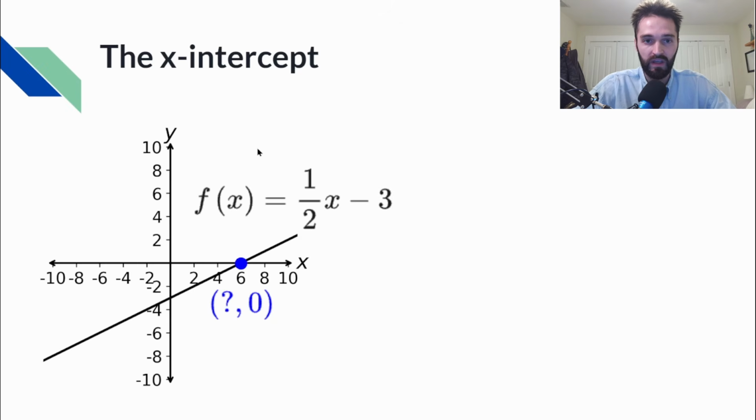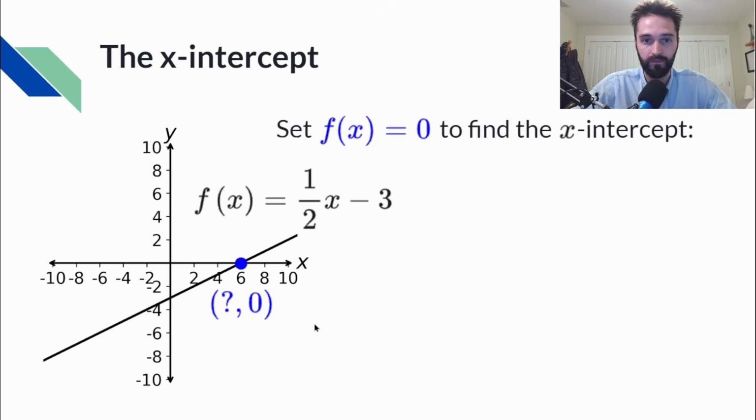Let's try it out. Here we have the function f of x equals 1/2 x minus 3. And we're trying to find the x value of this blue point here. Okay? So we set f of x equal to 0 to find that x-intercept. And that gives us the equation 0 equals 1/2 x minus 3. So we need to solve this equation by isolating x on the right-hand side.